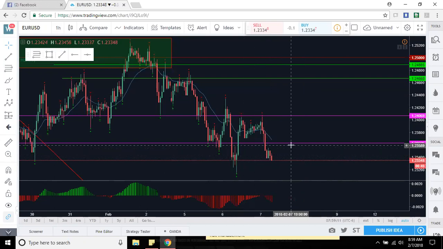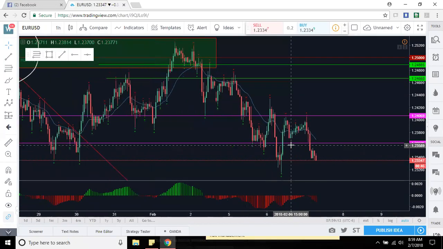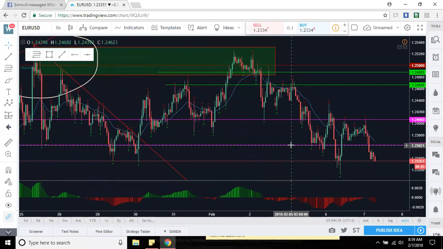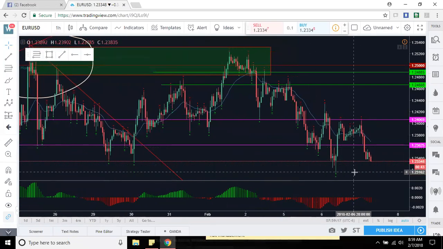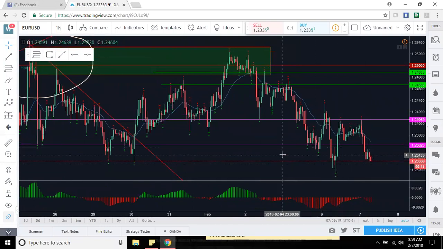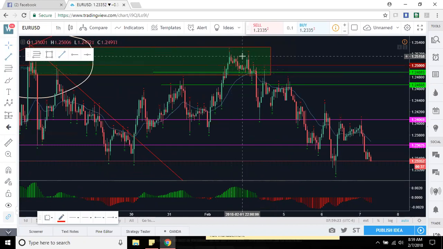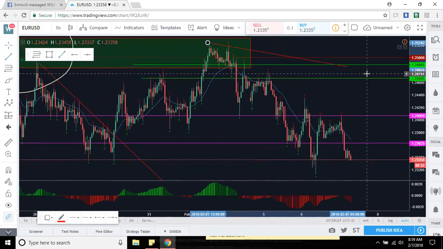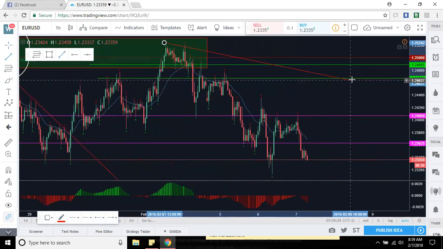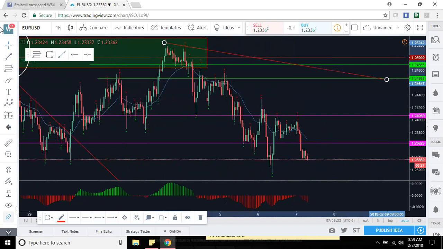Now, let's pull this over just a little bit. If we were to draw the trend line, like I said, I usually draw 2 or 3 trend lines, depending on where the highs are, how the market's going, and things like that.